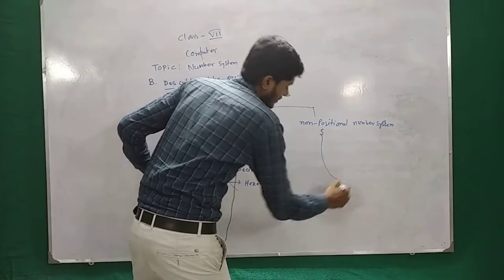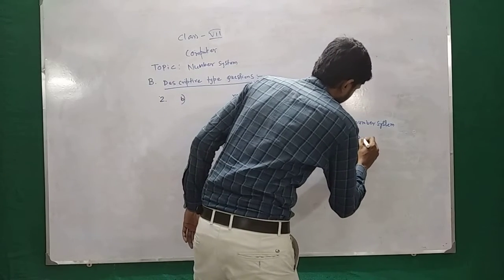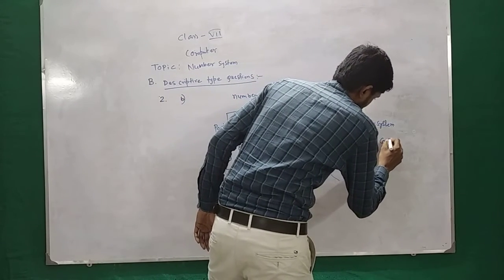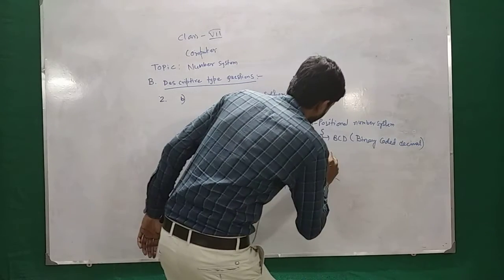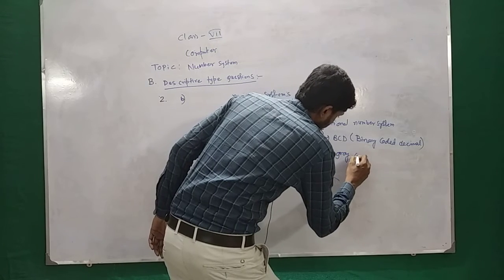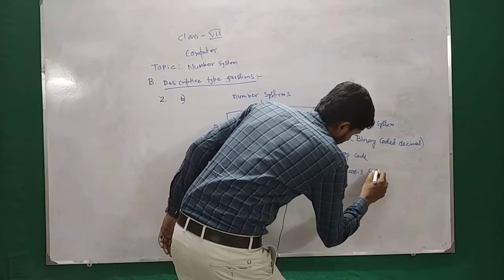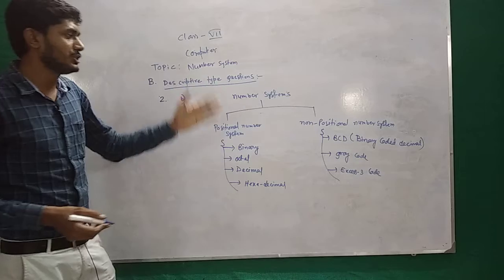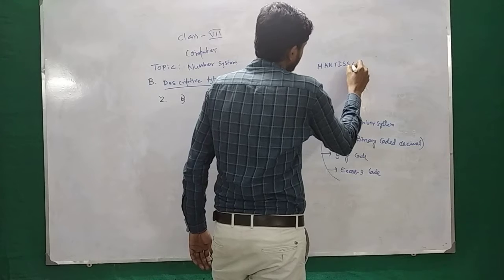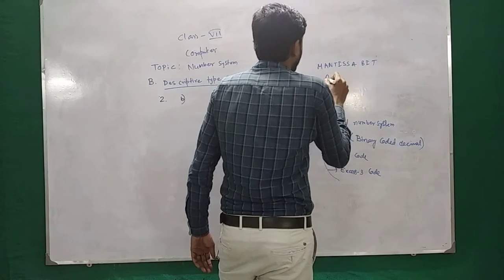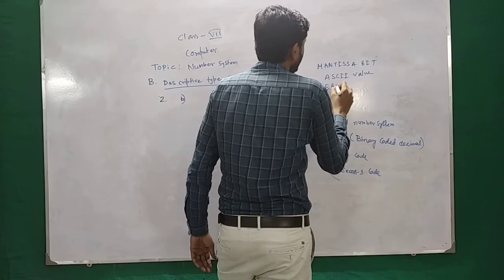And non-positional number systems are BCD code, that means binary coded decimal, next one is gray code, and the last one is XS3 code. And so many other non-positional number systems are there, for example, Mantissa bit, ASCII value, and EBCDIC value.